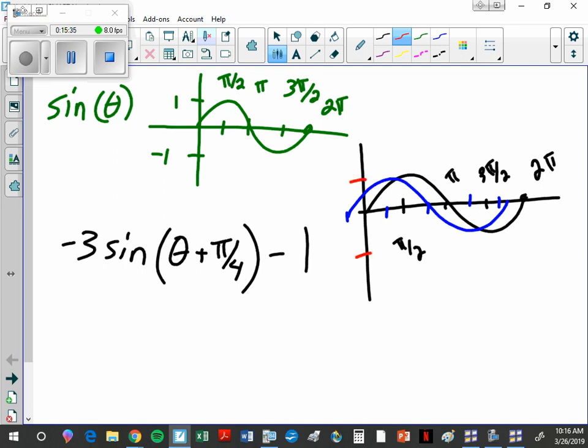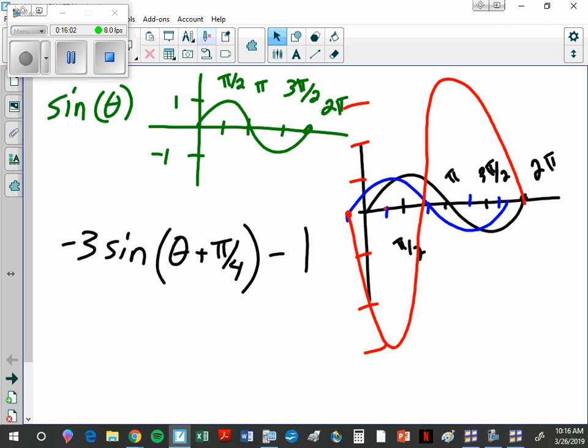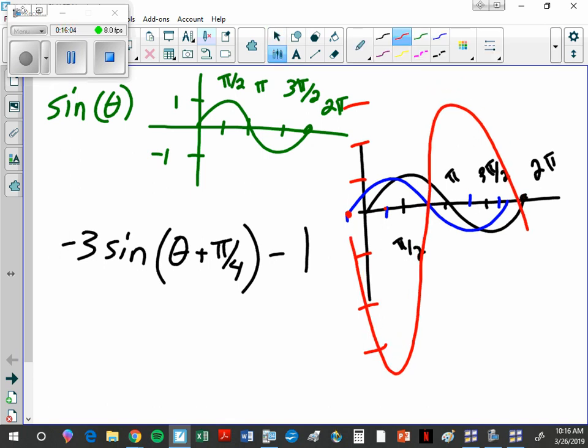Okay, then what do I do? I will go down 1, but I need to do this -3 first. Flip it upside down and 3 times as tall. So I'm gonna go down to -3 and up to -3, and now it's upside down. So like that, and then down 1. But I need to label these critical points. What is this point right here?